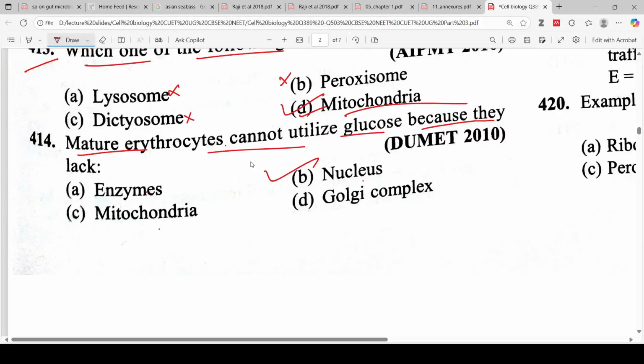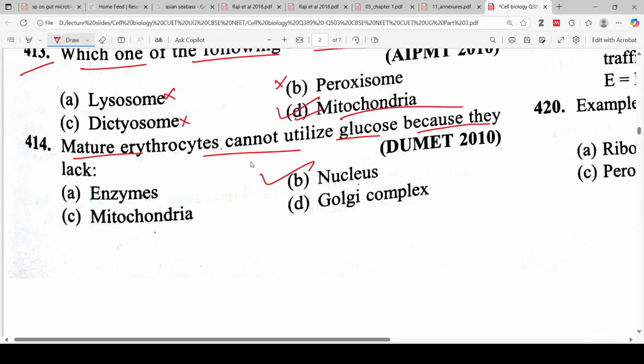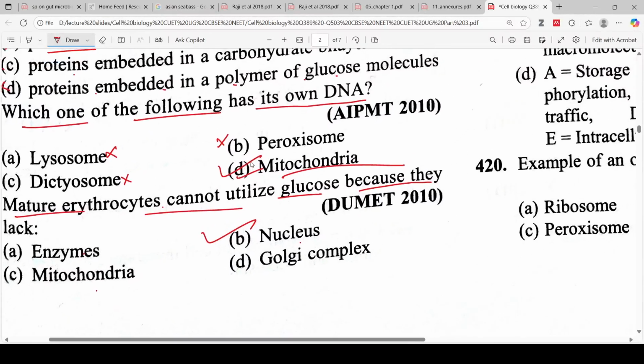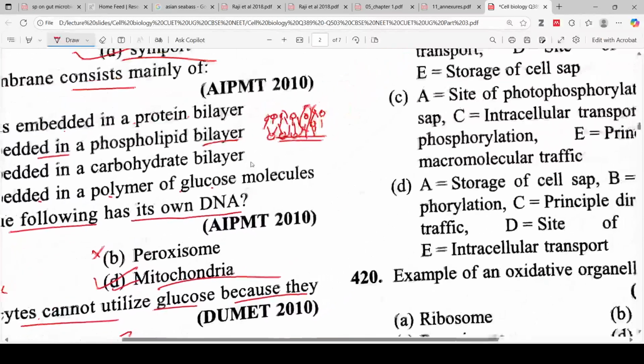The correct answer is they don't have a nucleus. If they don't have a nucleus, then they don't have any capability to synthesize DNA, because usually the nucleus has DNA inside it.